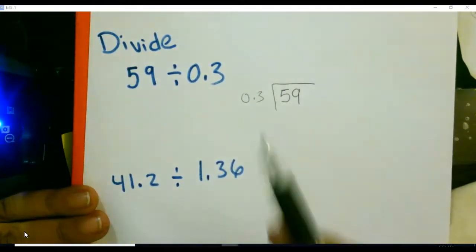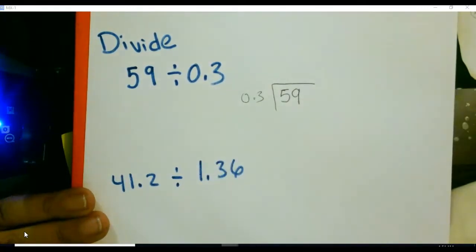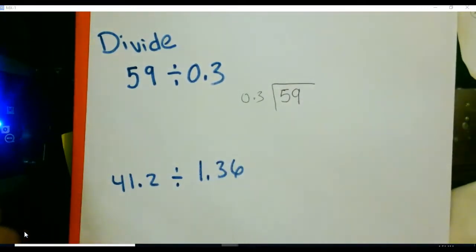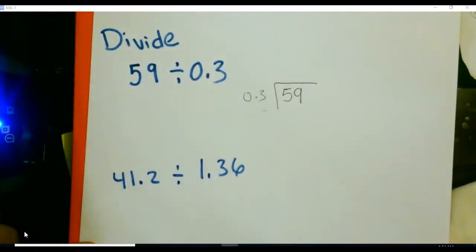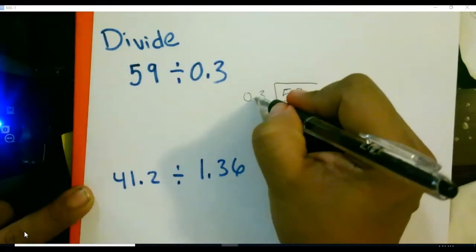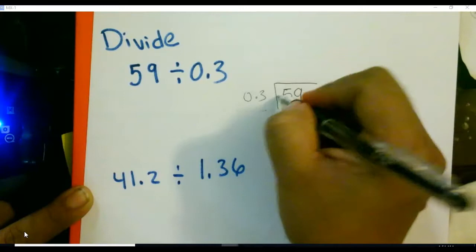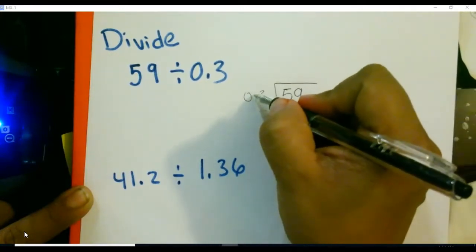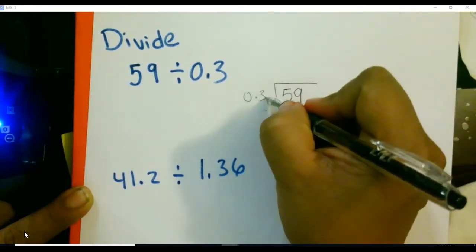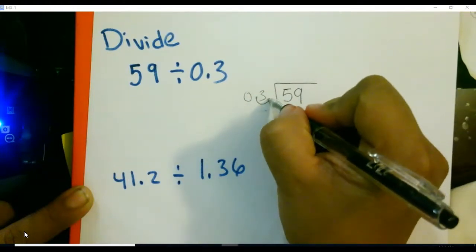Now remember, can you have decimal points in the divisor? No. If you have a decimal here, you need to get rid of it. And the way that you will get rid of it is by multiplying by a power of 10 until you have no decimal point. So 0.3 times 10, I move my decimal point once.